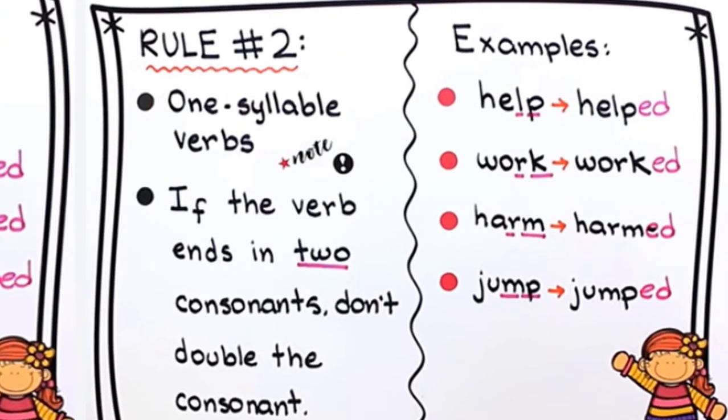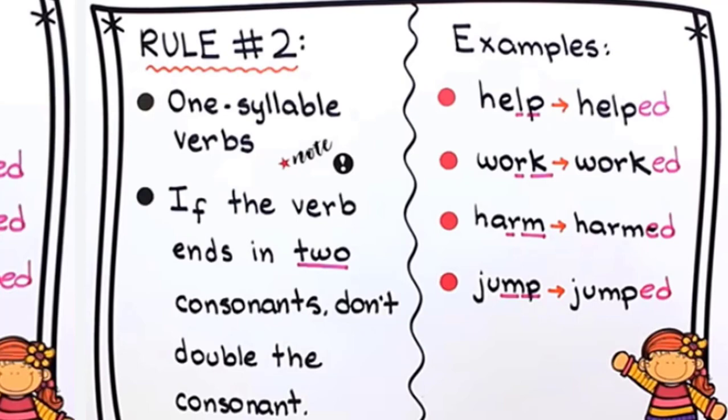Another rule for the regular verbs, otra regla de los verbos regulares, if the verb ends in two consonants, you don't double the consonant. Si el verbo finaliza en doble consonante, no hay necesidad de duplicar la última consonante. Listo, por ejemplo, helped. Simplemente le agregamos ed, helped. Work, worked.